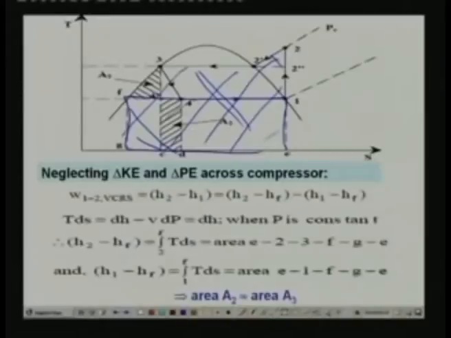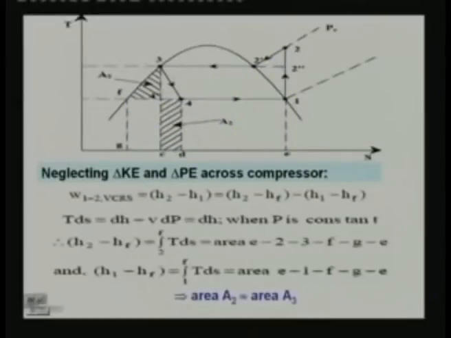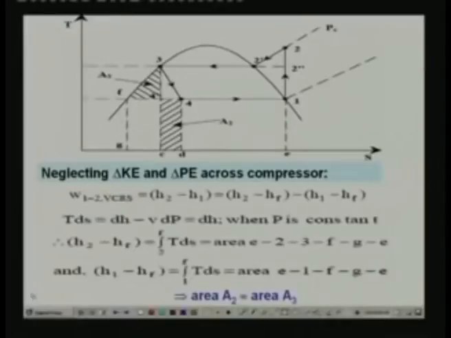So you find that under this assumption H2 minus H1, which is equal to H2 minus HF minus H1 minus HF, is nothing but this area, which is the rectangular area plus the superheat horn area plus this area A3.